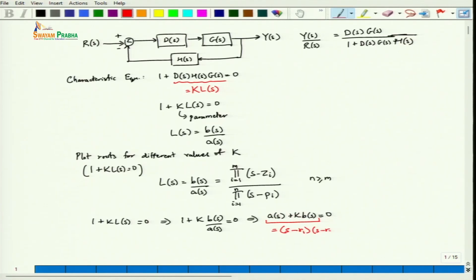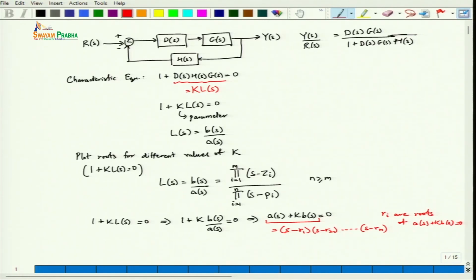So we'll get s minus r1, and so on till s minus rn, where ri are the roots of A of s plus K B of s is equal to 0.